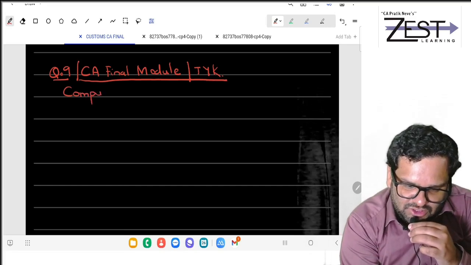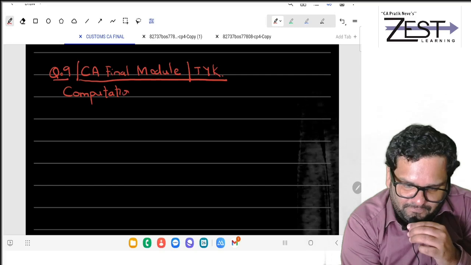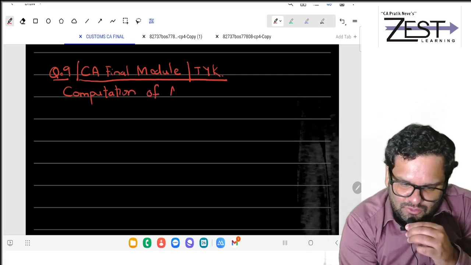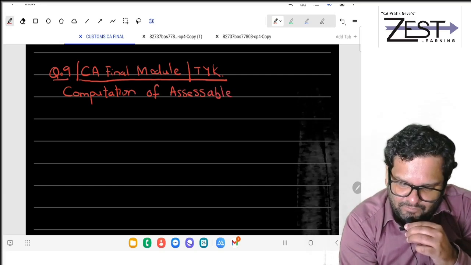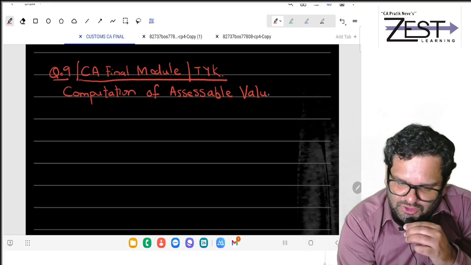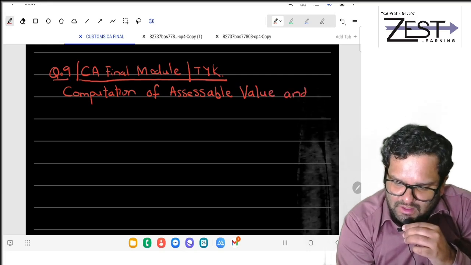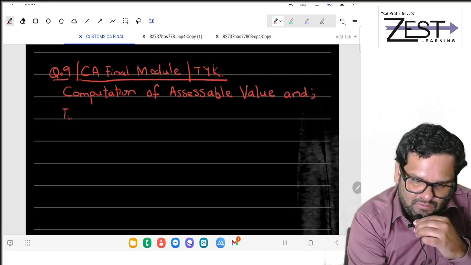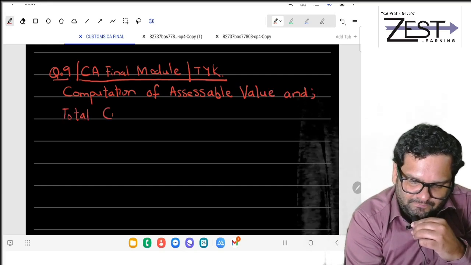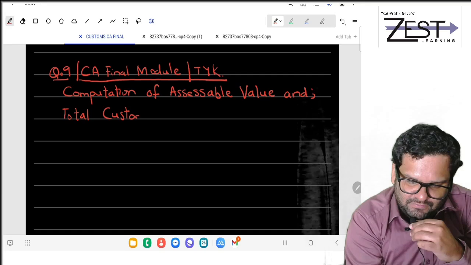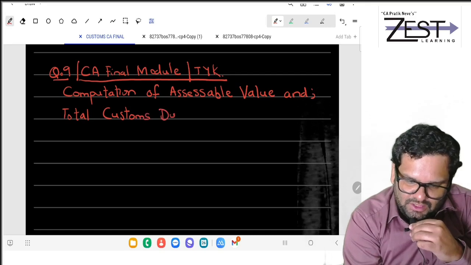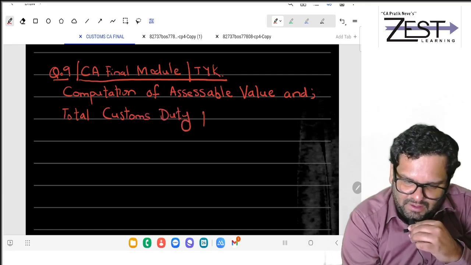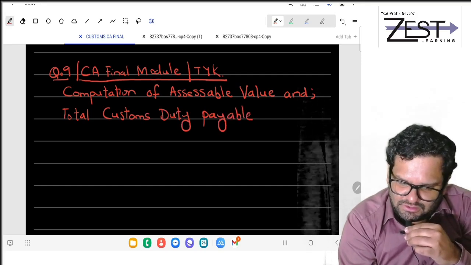So, computation of assessable value and total customs duty payable. Do you agree with me on this?